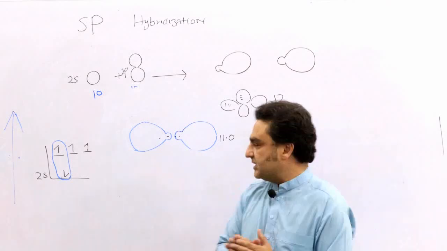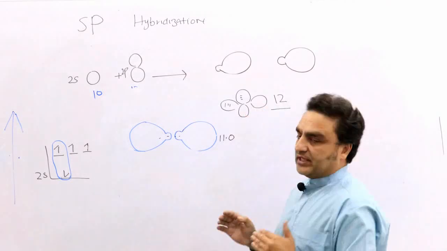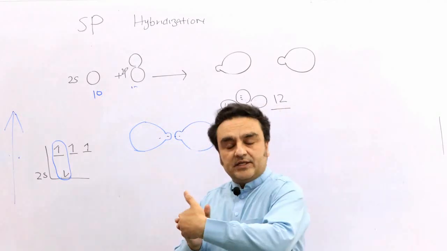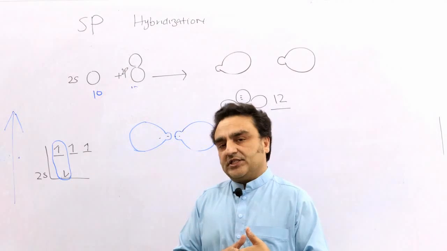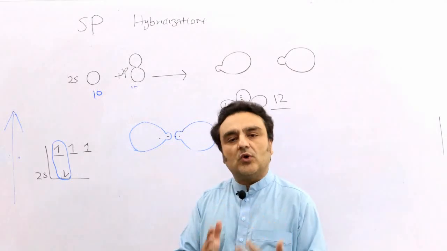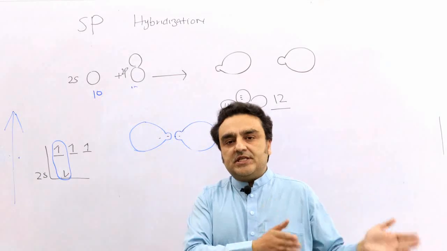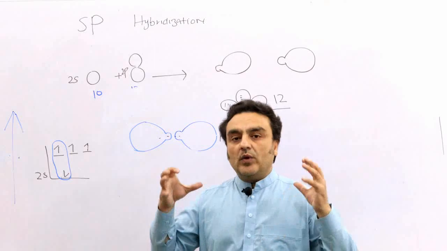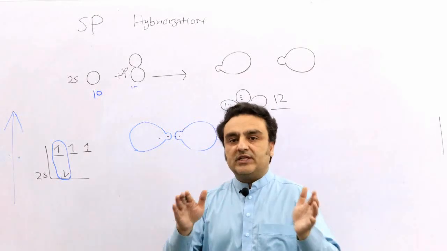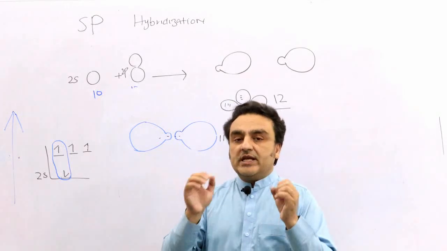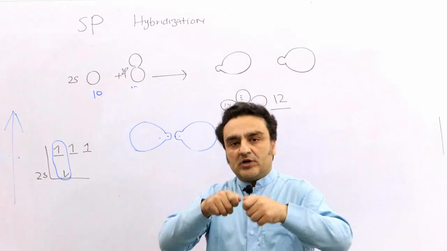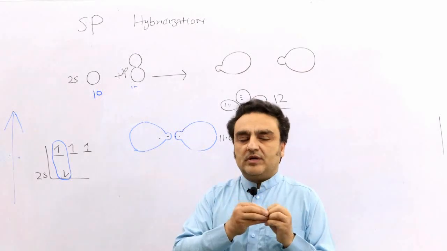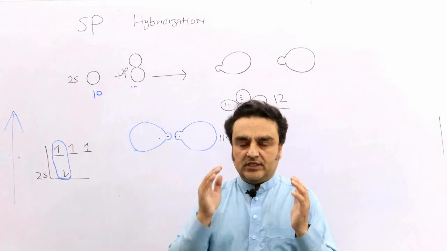So this is a little bit clear, but what about those other orbitals and what is their function? One question is why they are left behind. We are not discussing that right now, because hybridization is a process which just tells you how a covalent bond or the shape of a molecule may look, and it also somewhat explains the bond lengths and the energies of the bonds in a molecule.